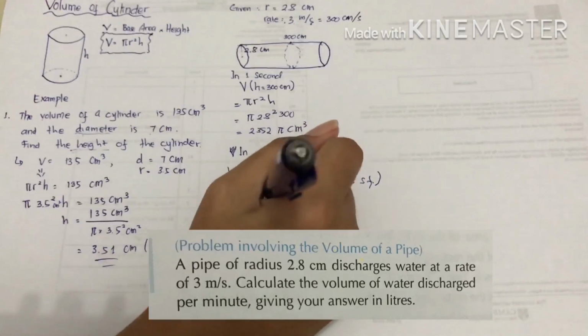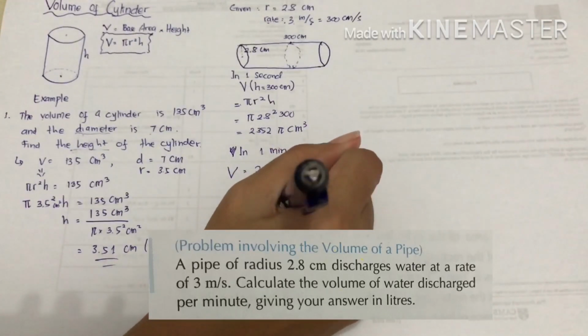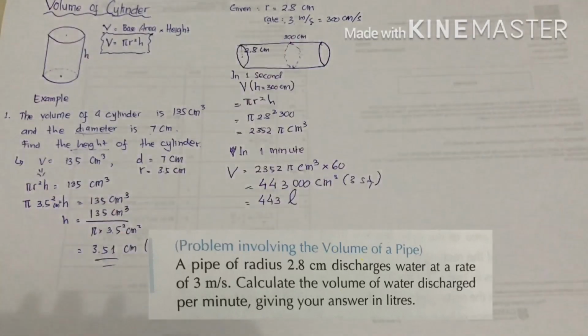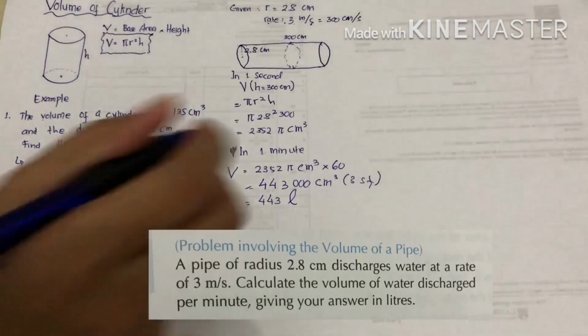Then it equals 443 liters, since we divide by 1000 to convert cubic centimeters to liters. That's it.